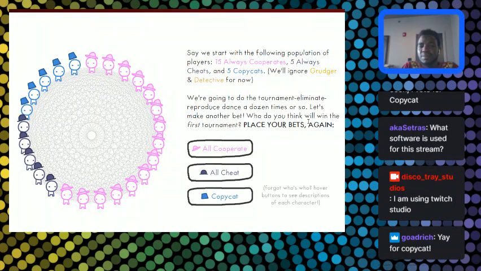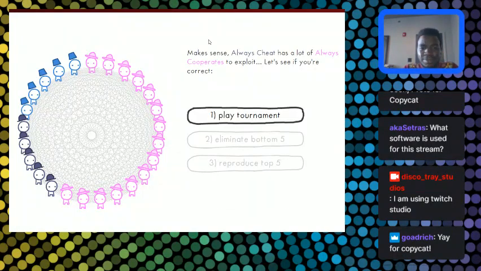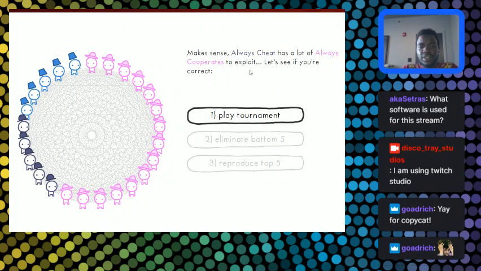I guess I can maybe go with always cheat and see how it works. Makes sense. Always cheat has a lot of always cooperate to exploit. See if you're correct.